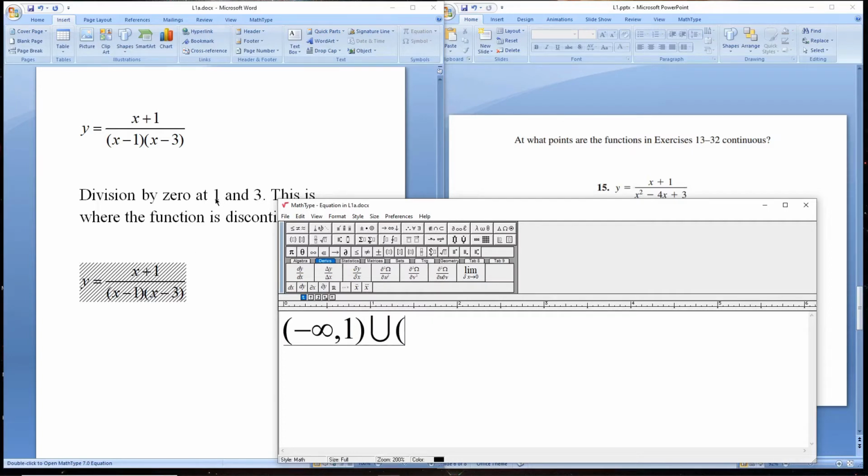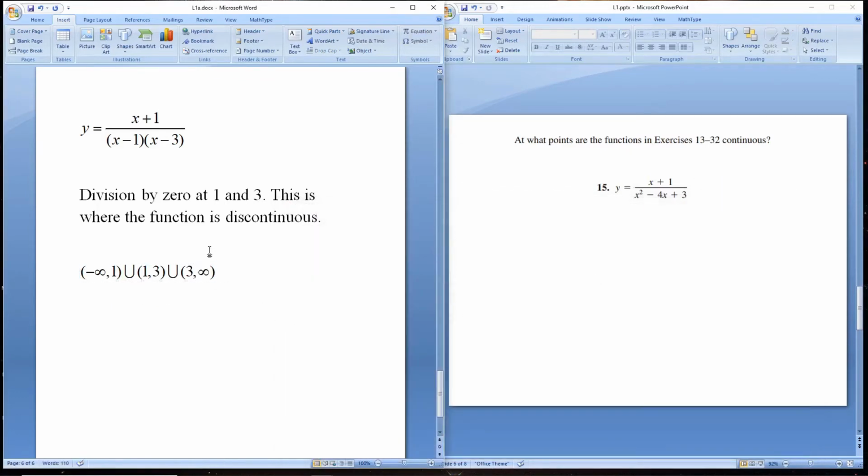And then we're going to go from 1 to 3. We'll use a union symbol again because it's discontinuous at 3. And then we go from 3 to infinity. And so this is where it's continuous.